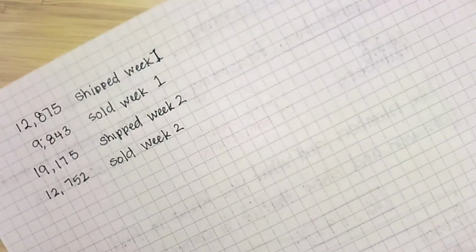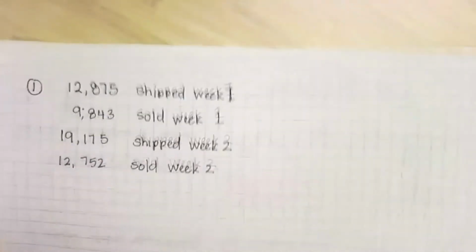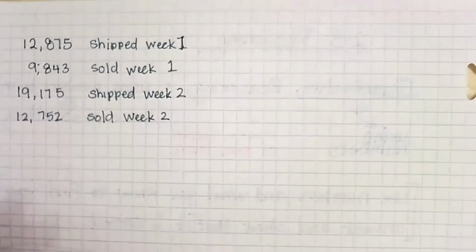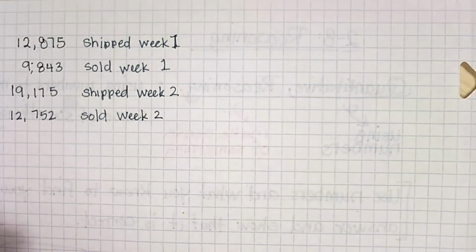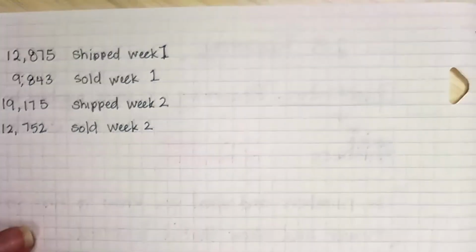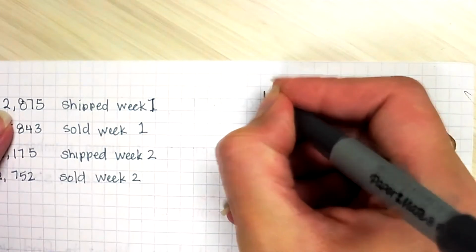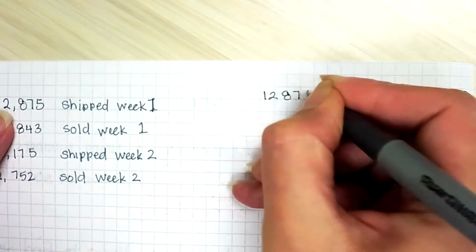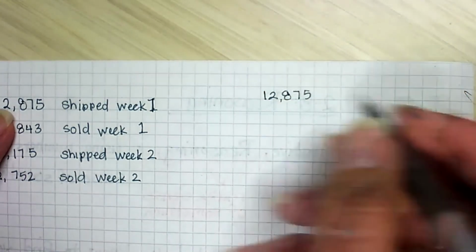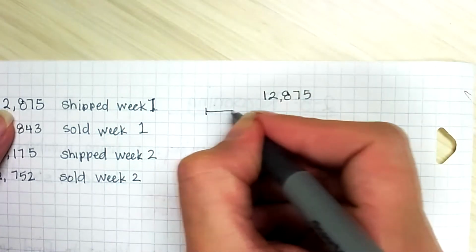So let me go ahead and adjust my paper so that you guys can watch and follow along with me as I work. So I'm going to draw a bar diagram for week 1 and a bar diagram for week 2. So for week 1, my number that's going to go on top is 12,875. That's my whole number. Okay.